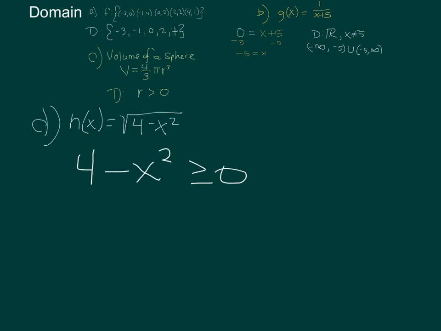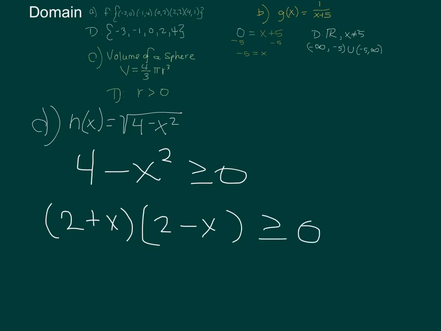In order to solve this, I need to remember a little bit of factoring. Factoring is when I break this binomial into two parts. I'm going to have 2 plus x and 2 minus x is greater than or equal to 0.